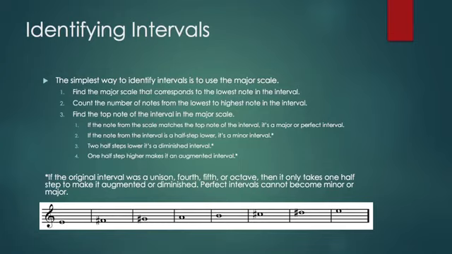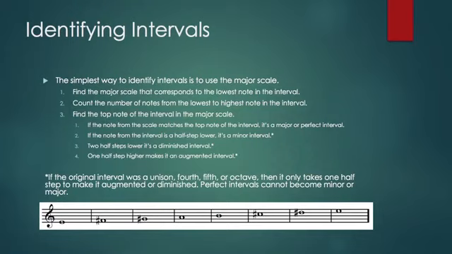Now, if the third scale degree was a G double sharp with a little X instead of a pound sign, then it would be an augmented third. If it was a G natural, that's a half step lower than the G sharp, that would be a minor third. If it were a G flat, which is 2 half steps lower than the third scale degree found in E major, it would be a diminished interval.